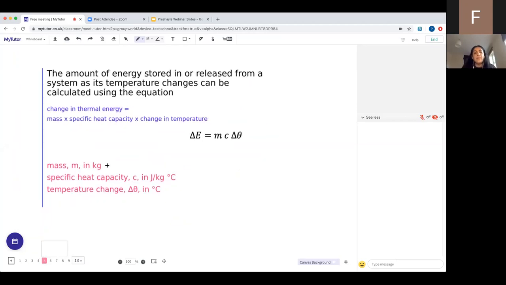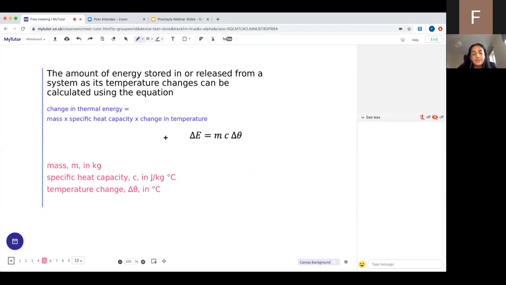So the amount of energy stored or released from a system as its temperature changes is calculated using this equation. As we change the temperature from, let's say, 5 to 10 degrees, we have a change in the amount of thermal energy.